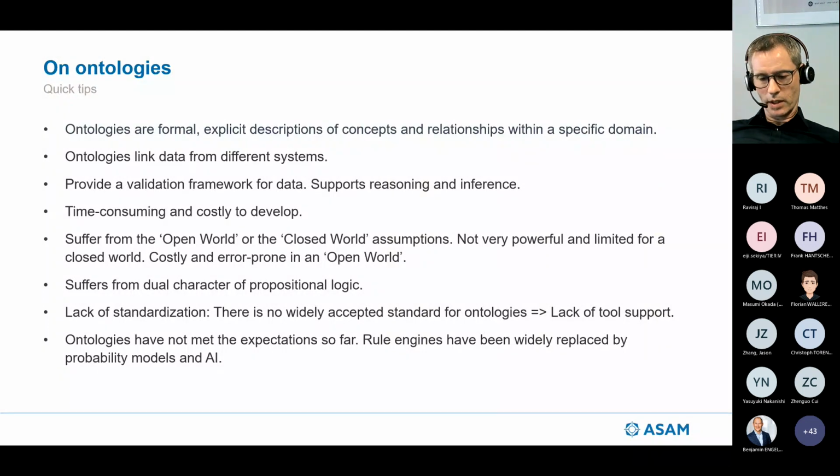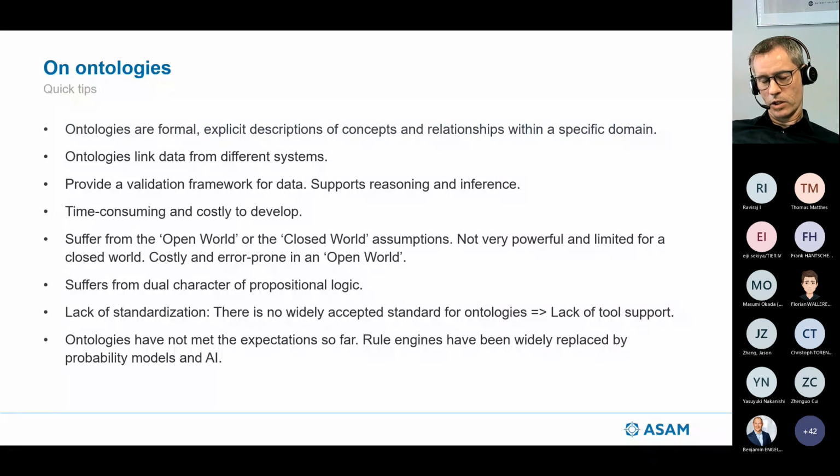Where ontologies and feature-based models are still used is probably when you buy a car and put your things together, and then at the end press the button and the car is produced. So this is a good example where they still work.